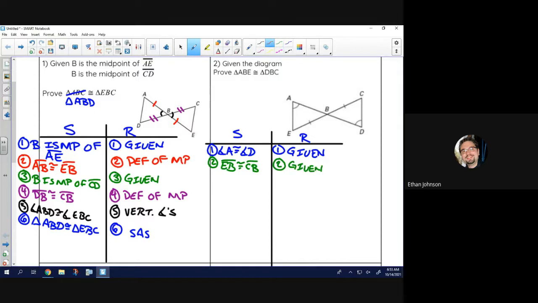So I'm going to refer back to my triangle congruency list. Or not the triangle congruency list, the triangle look-fors. First question, does it look like a bow tie? Yes, it certainly does. So that means we have vertical angles.